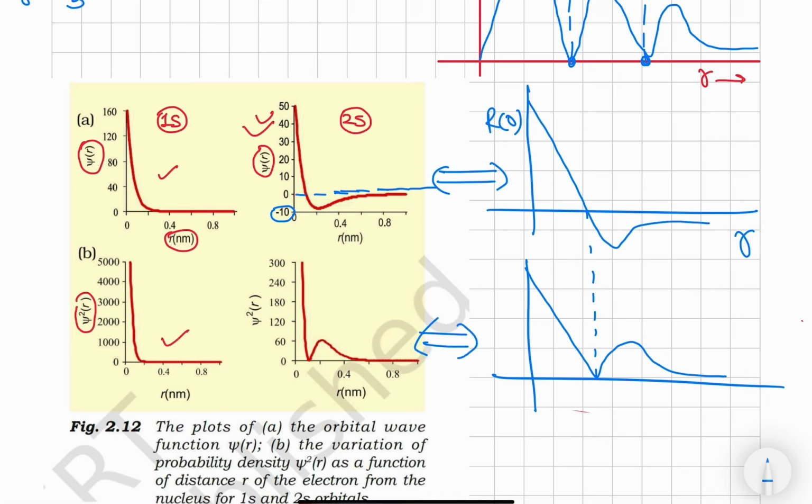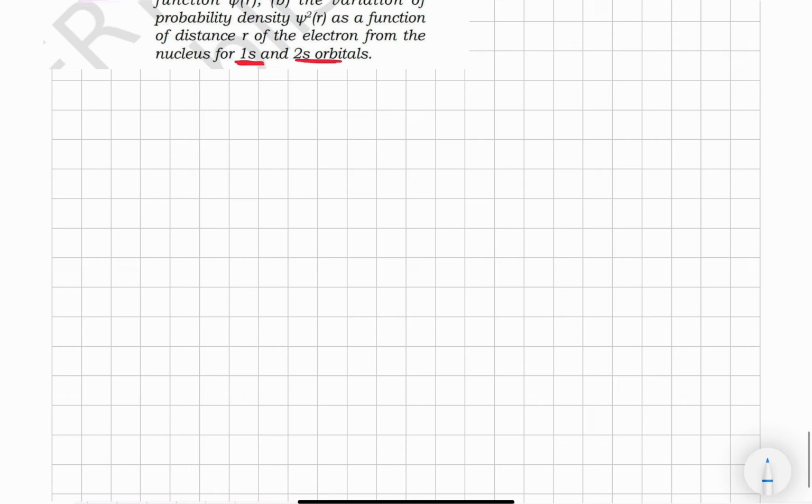This is also correct. So here we learned the graph for r square R or R versus r. We can also draw the graph P r versus r. What is P r? Radial probability distribution function.